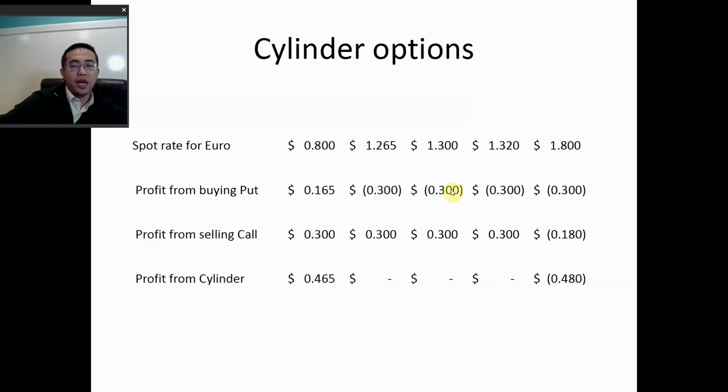And again, how to calculate each individual profit from one option is required knowledge, and we have done plenty of exercise on it, so you should know how. You can spend like 10 minutes to verify each of these profits from either a put option or a call option, buying a put or selling a call.